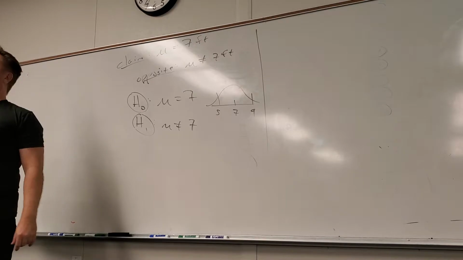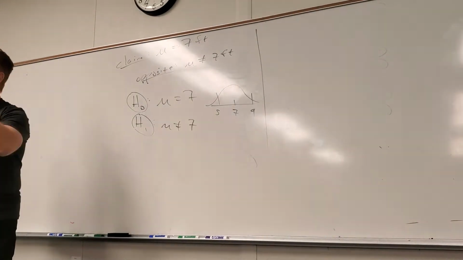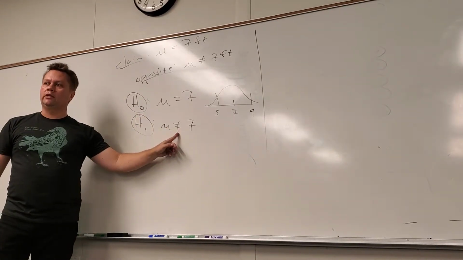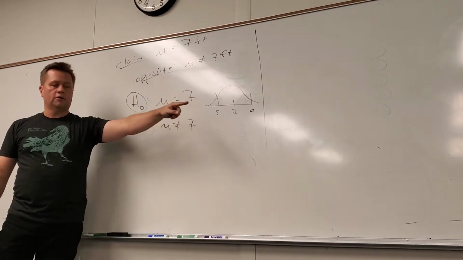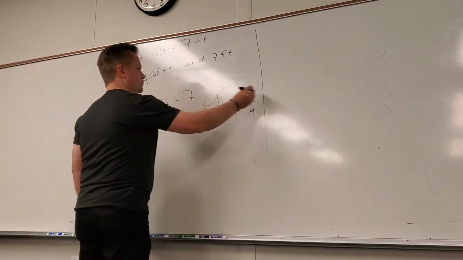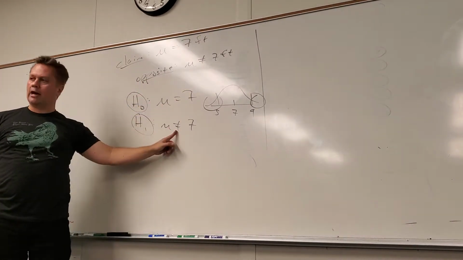I'm like, what have I done? All right, please be friendly. You guys kind of with me? Because not equal to. What does not equal to mean? It could either be bigger or smaller. So how many tail test is this? 2 tail, because either way would show evidence for this guy.